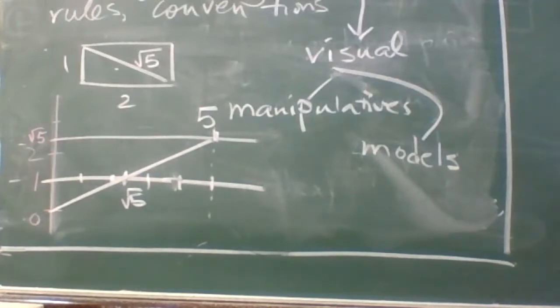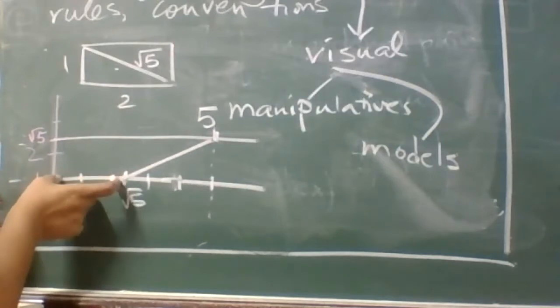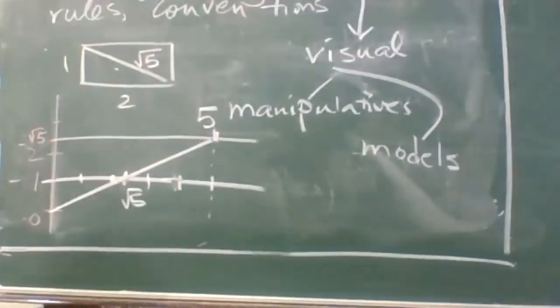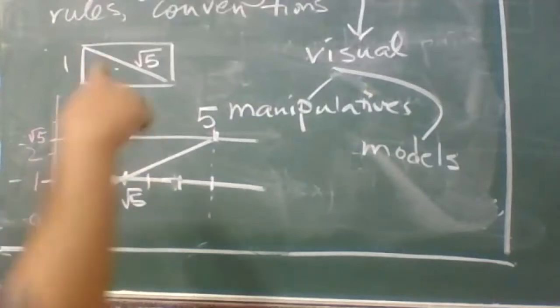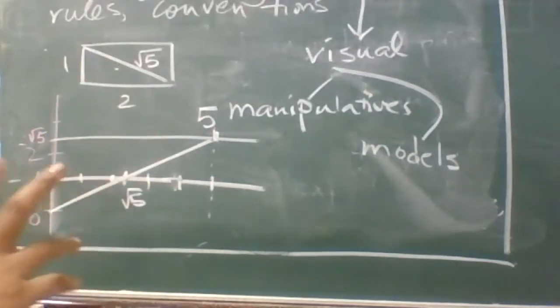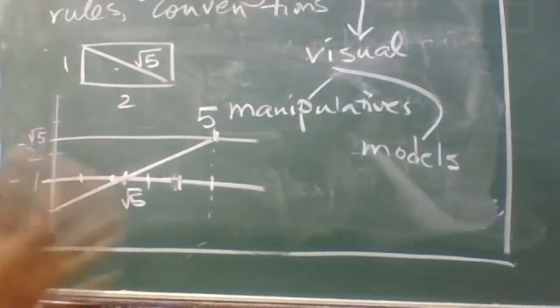So this way you can see, when you are taking root 5 and scaling it by a factor of root 5, you are getting 5. That was quite exciting when I did it the first time. And you can do that for anything involving square roots. But if it is not a square root but a cube root, you can't draw it anymore.